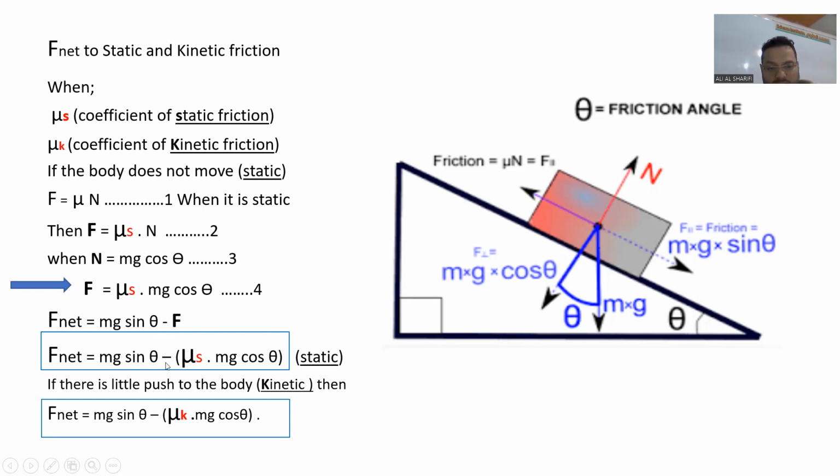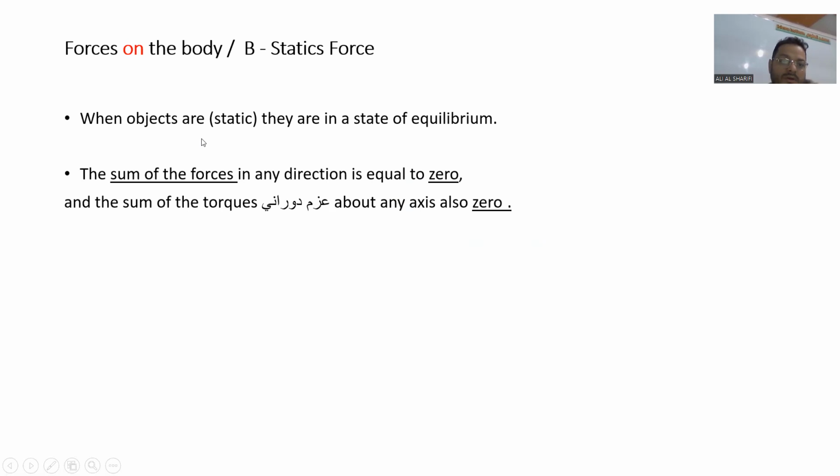Mg sine theta will be the same in these two functions, minus the static coefficient multiplied by mg cosine theta, but for kinetic, it will be the kinetic coefficient. Here, we were talking about the frictional force.